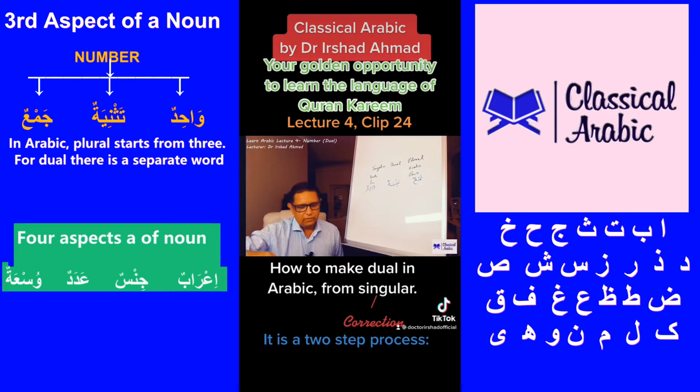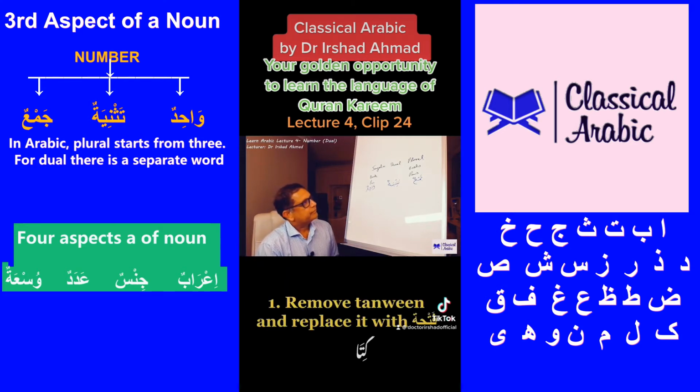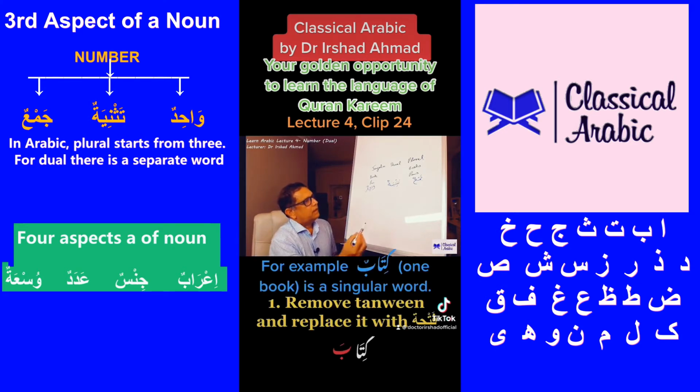So how are we going to make dual from singular? And that's our today's topic. For singular words, if you're not sure, we can look in the dictionary and we will find a singular word for that particular noun. For example, we say kitabun, one book.